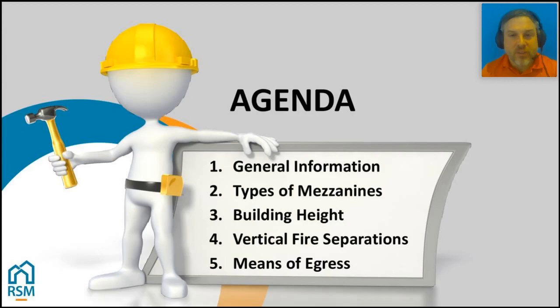How do I get off of this mezzanine? Do I treat it like a regular floor area, or do I have special rules with regards to mezzanine egress? So we're going to touch on all of these items in this particular webinar today so that we can help people understand, when they're moving through, how they can interpret the way the code lays it all out.